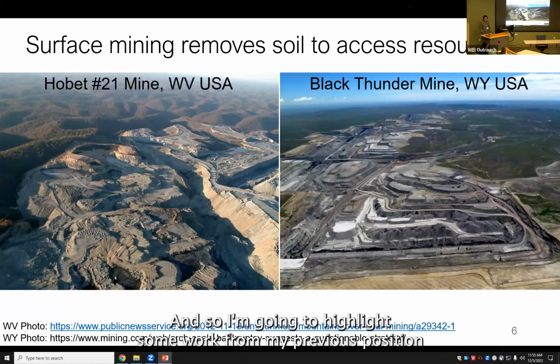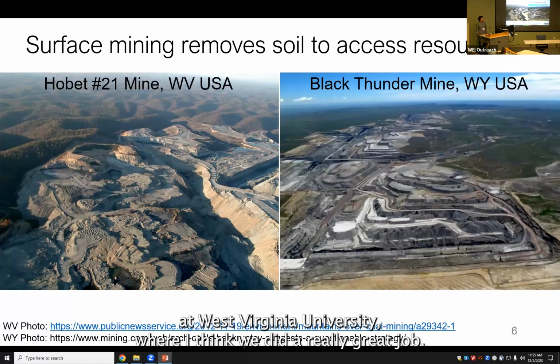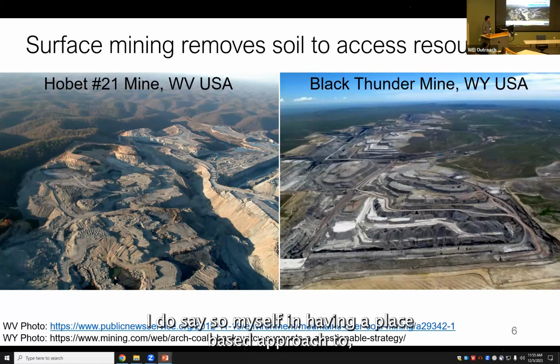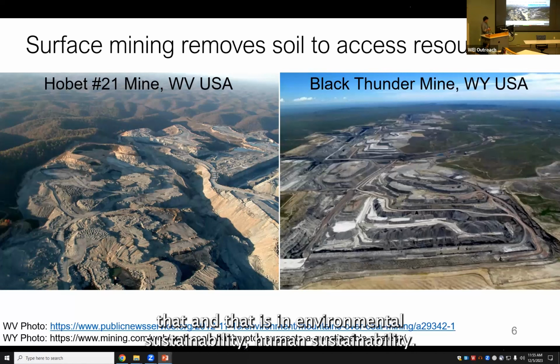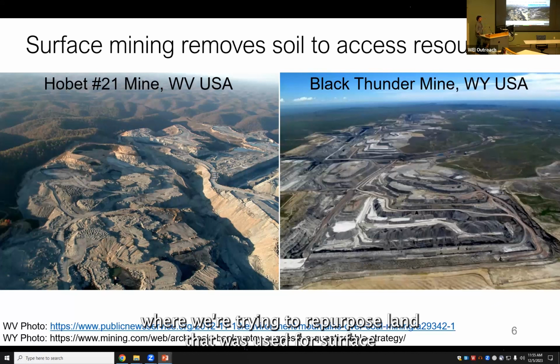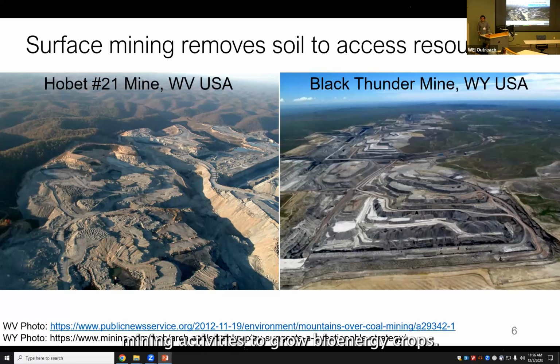I'm going to highlight some work from my previous position at West Virginia University, where I think we did a really great job, if I do say so myself, in having a place-based approach to using bioenergy systems to maximize sustainability overall, that is environmental sustainability, human sustainability, all the three pillars of sustainability I think we target here, where we're trying to repurpose land that was used for surface mining activities to grow bioenergy crops.